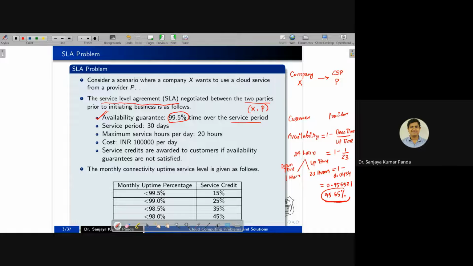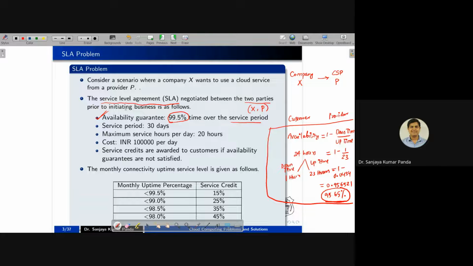That is 95.65%. So there is a violation in terms of availability. Your availability should be greater than or equal to 99.5%, but what availability are we getting here? 95.65%. Okay, anyhow, that is a different problem.